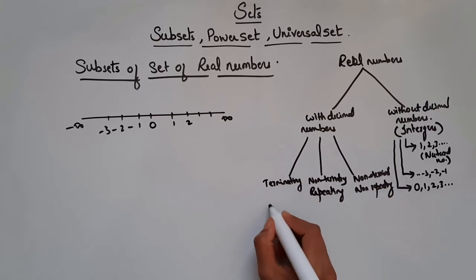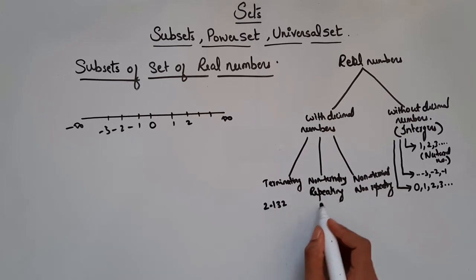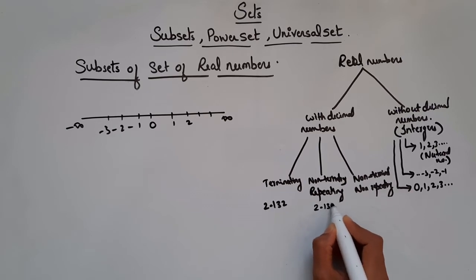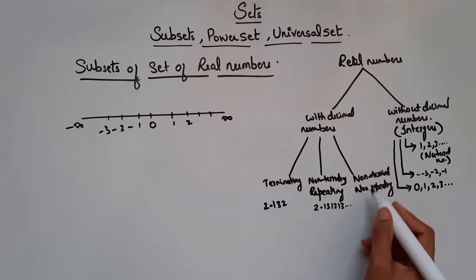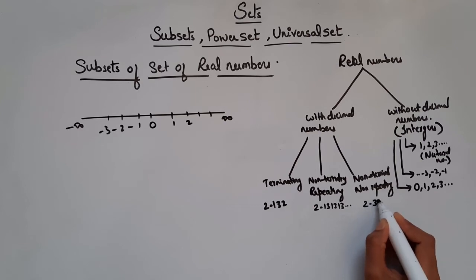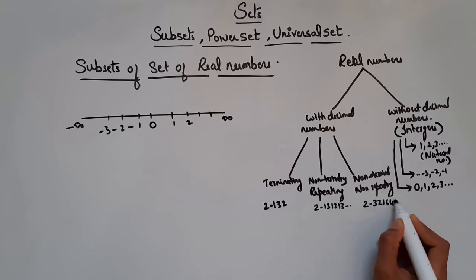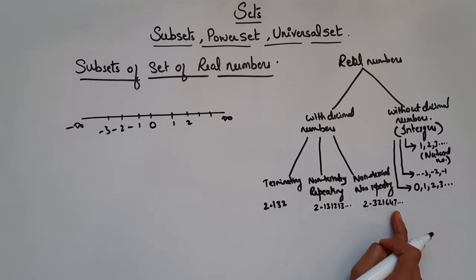For terminating we have 2.132, so they are terminating. Non-terminating repeating means we have 2.131313 and so on. They are non-terminating plus they are repeating. And non-terminating non-repeating means we have 2.32164 and so on. They are non-terminating plus they are not repeating.